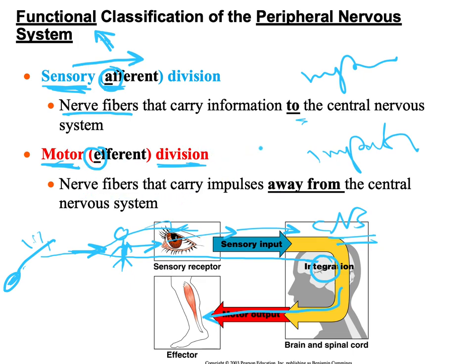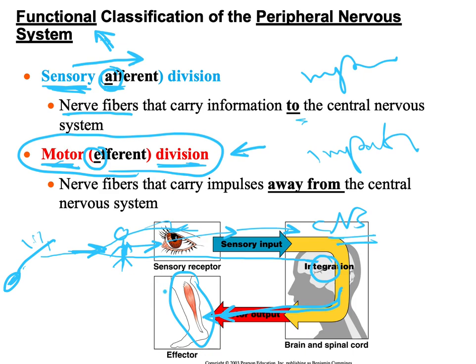But in this functional classification, I'm talking about now the motor. This kind of impulses or order that is carried from the central nervous system toward the periphery, do you think it's just for skeletal muscles? Do you think it's just for something voluntary?